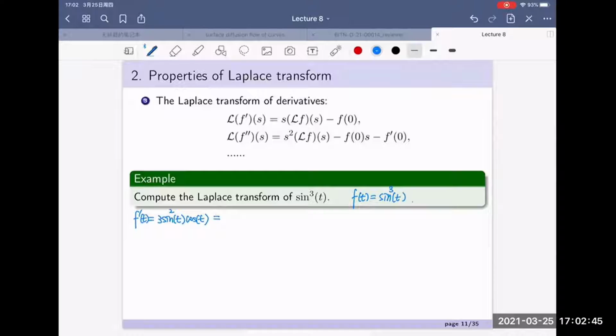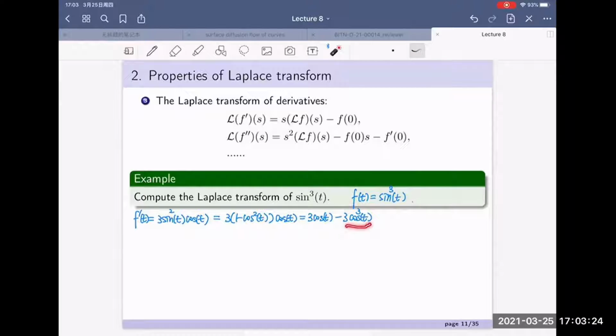And this sine squared can furthermore be written as 1 minus cosine squared. So you see that you get cosine to power 3. If you take the derivative of sine to power 3, you get cosine to power 3 plus a function cosine t, which you can calculate its Laplace transform because it appears on the table, right?